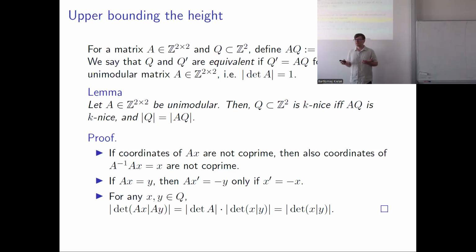But this is pretty natural if you think about this matrix A as some actual transformation of the torus. This transformation is invertible and linear, so it shouldn't create any new intersections, or actually it should preserve the number of intersections between two curves. But you can also verify it more directly by just looking at some basic linear algebra identities.